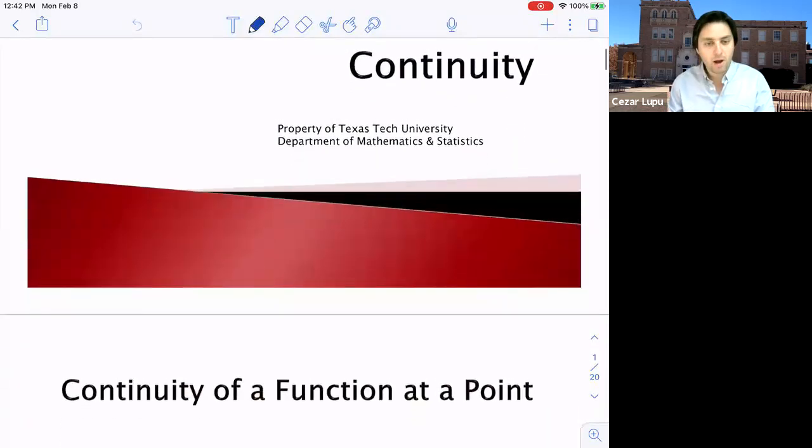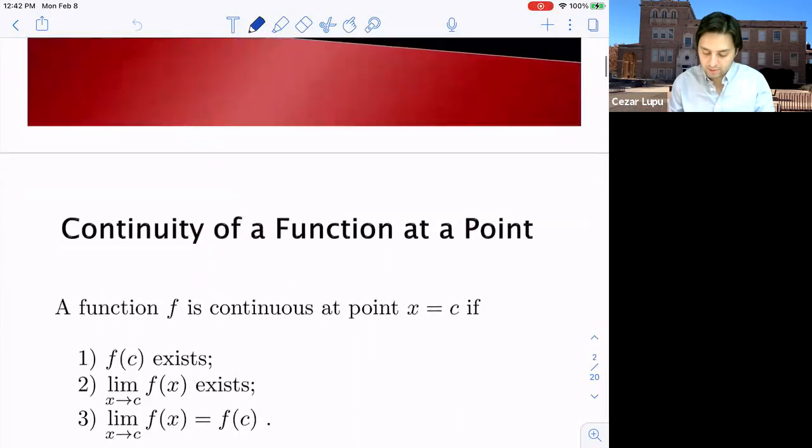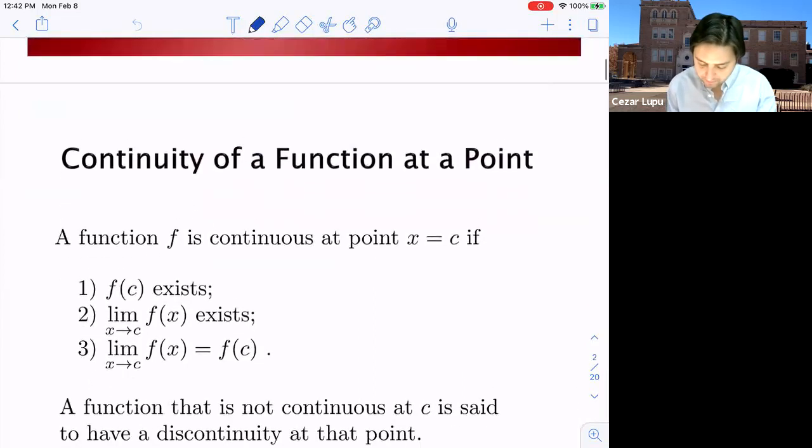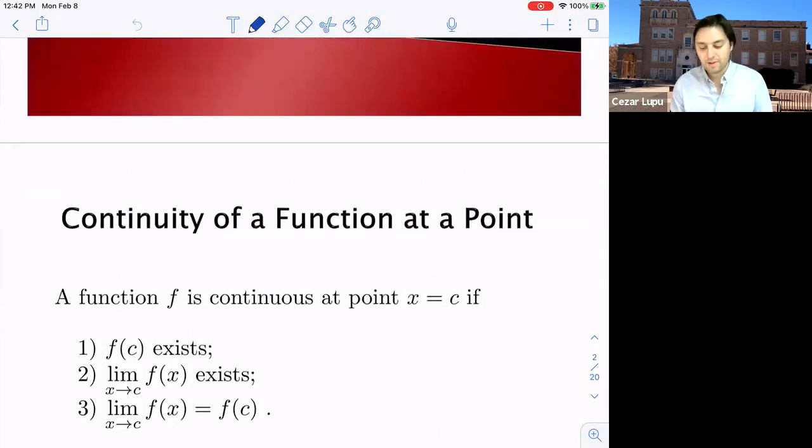So let's talk about continuity of a function at a point. This is the definition, right? A function f is continuous at a point x equals c if the following three conditions are met, and I'd like to look at them very, very carefully.